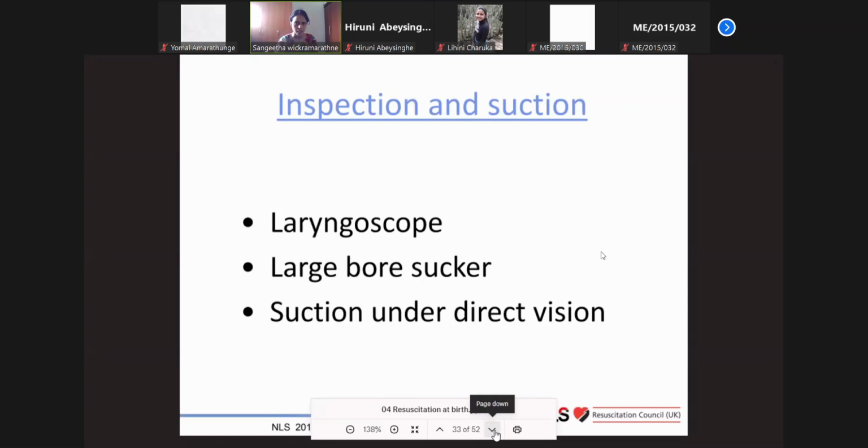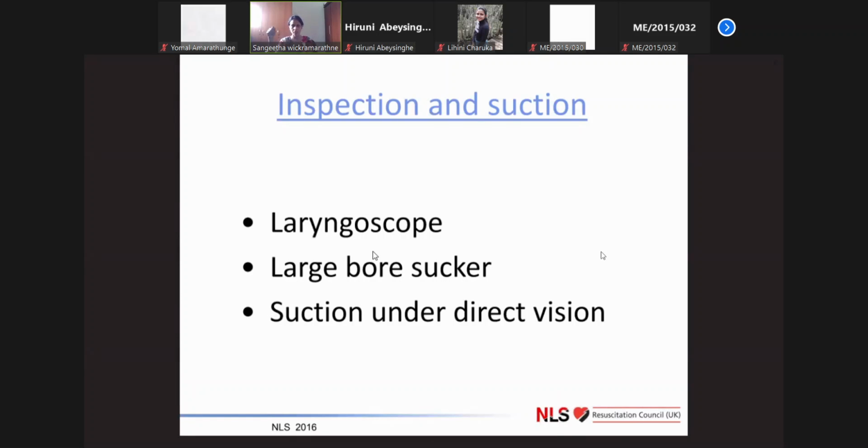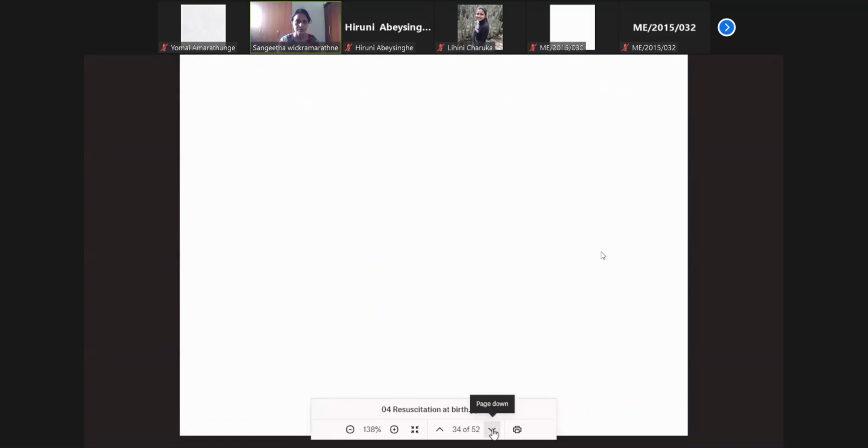So inspection and suction, I always told you, it should be under direct vision, no blind suctioning. You might damage the oropharyngeal area if you put the sucker tube in blindly and suck, right? They have very soft tissues. So it should always be under direct vision with a laryngoscope or a tongue depressor. You look at the oropharynx and with a wide bore sucker, you suck under direct vision.